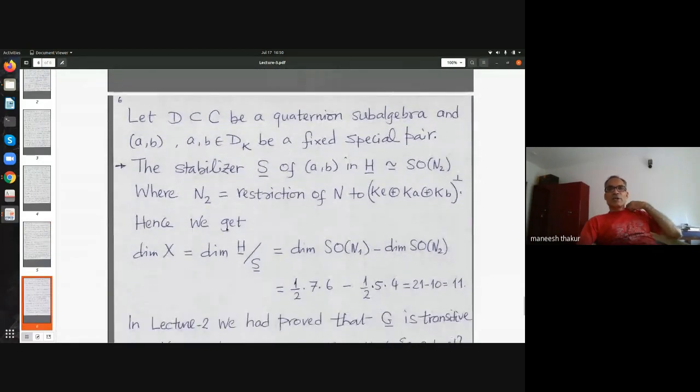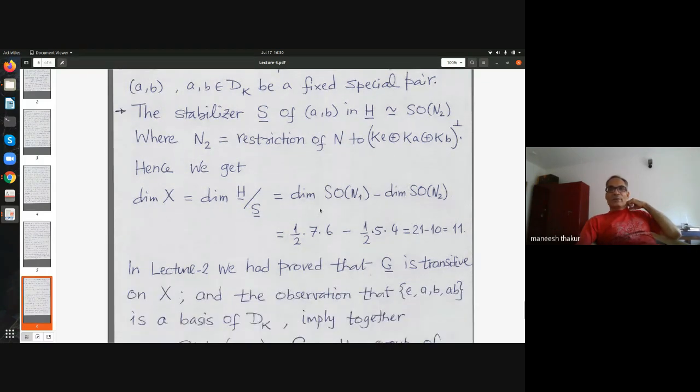So here also, I'm looking at the stabilizer of this pair; S lower bar is the notation for that inside H bar only, and that we showed is SO(N-2), because here I am using Witt's extension theorem. So that on one hand gives me that the dimension of X is 11.